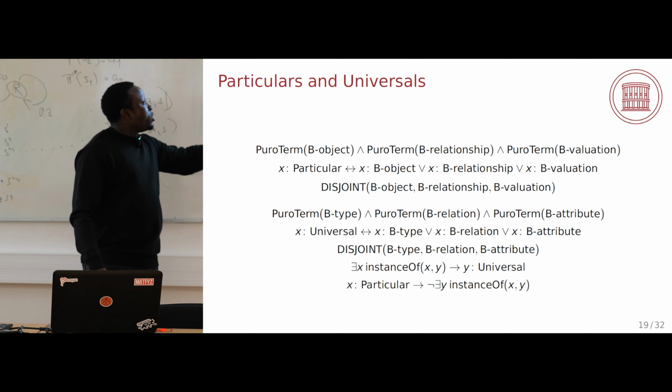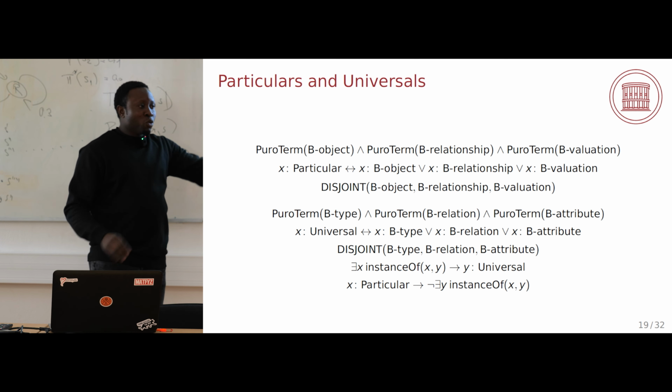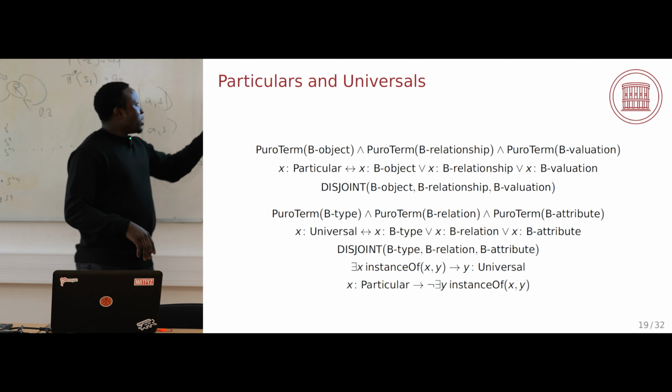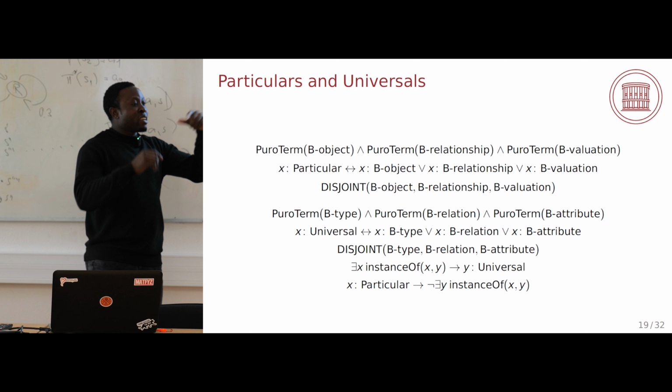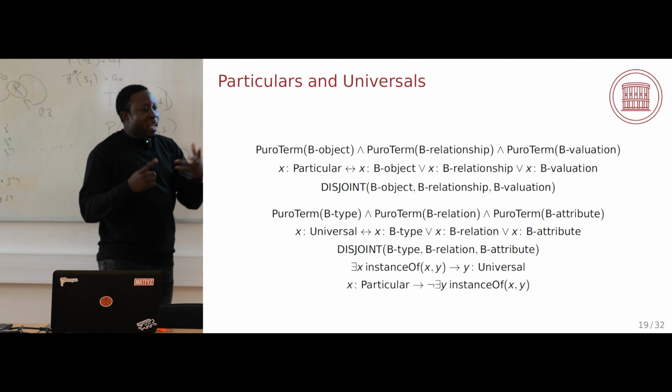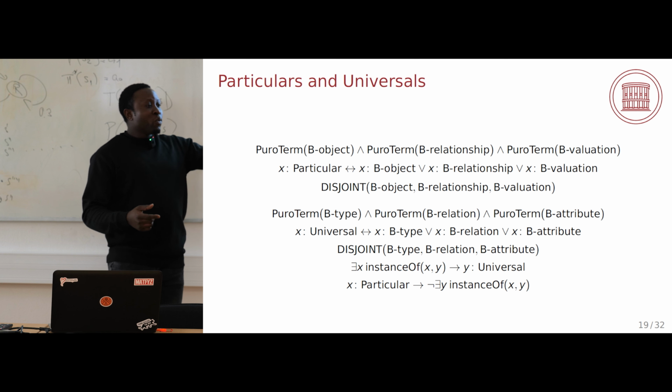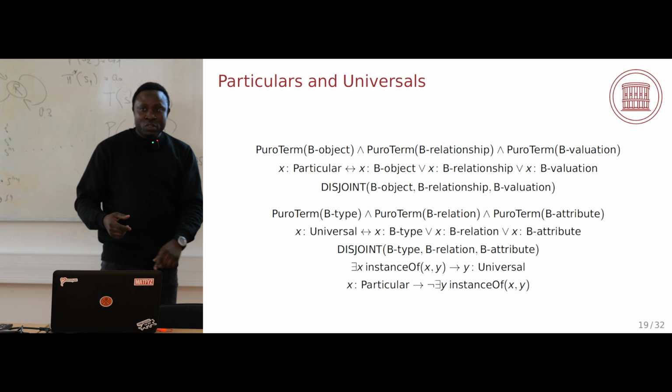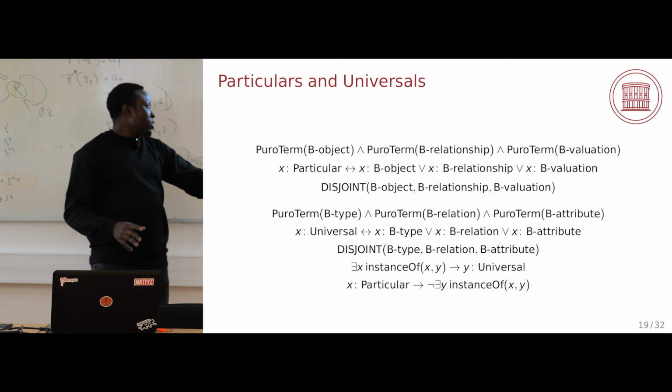And then the universals are the B types, the B relations, and the B attribute. They are also Puro terms, and we are saying that if X is associated with a universal, then it means that item can be either a B type or a B relation or a B attribute. And these are also disjoint terms.